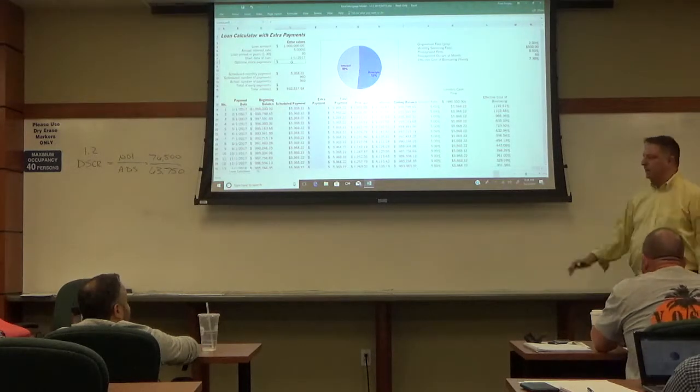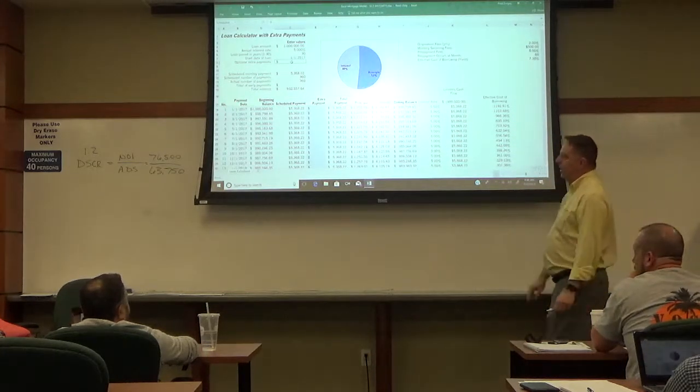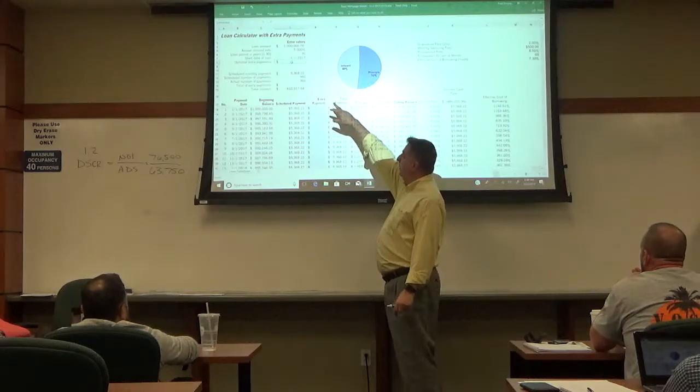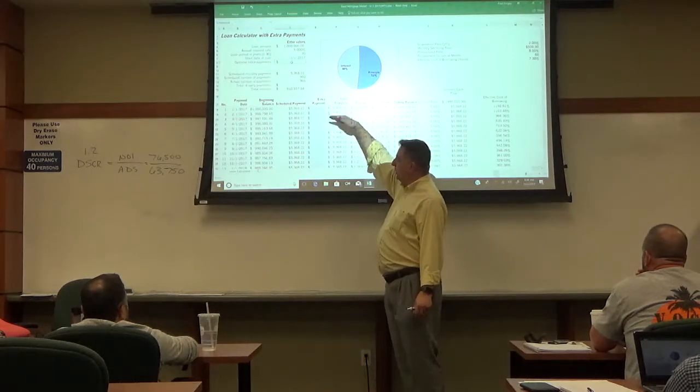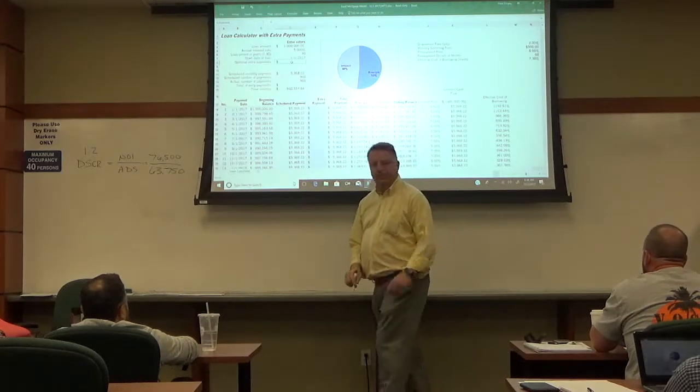And so this model simply allows you to do that. You can either put in one extra payment a year or make it a fixed extra dollar amount each and every month. Okay, does that make sense? Yeah?